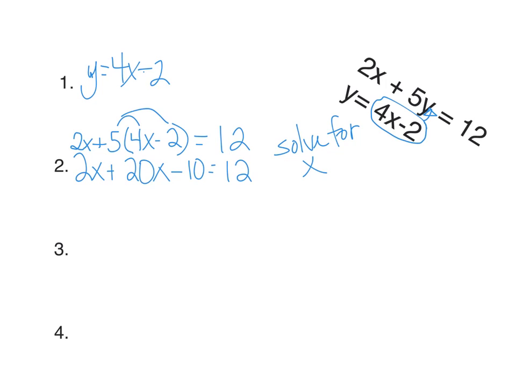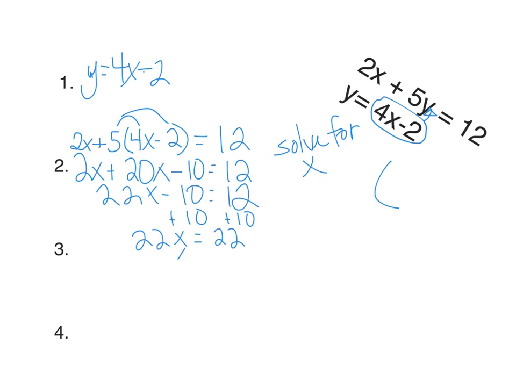What like terms on the left can I combine? 2 and 20. Oh, is that why you guys were saying 22? Okay. Get rid of the 10, right? Add 10 to both sides. Okay, what does my x become? x equals 1.